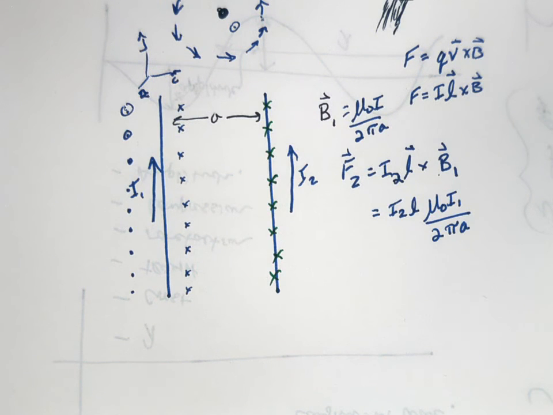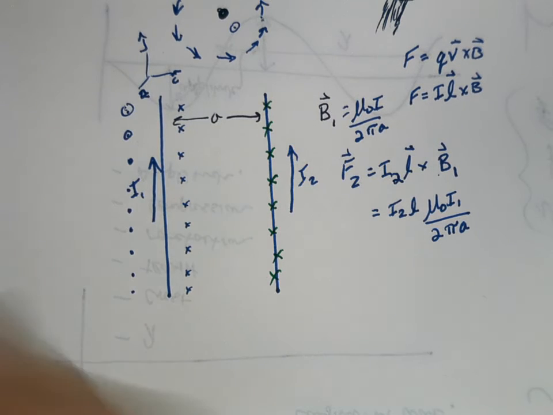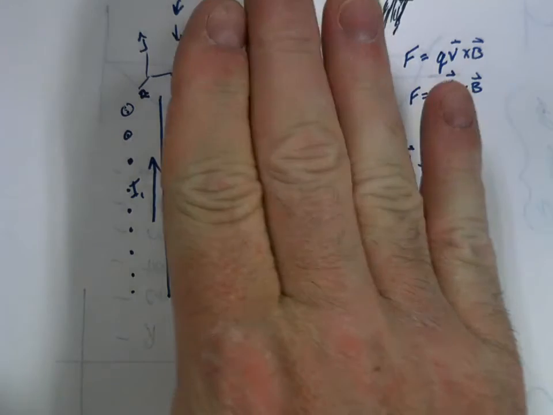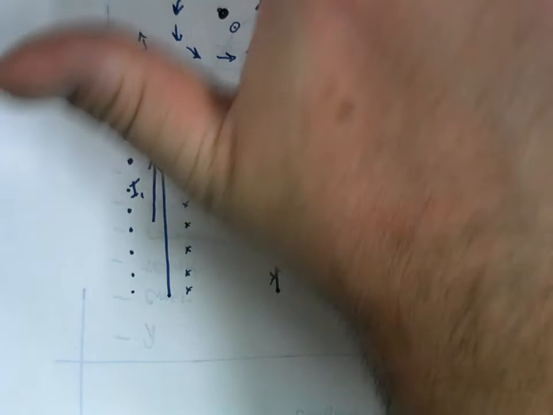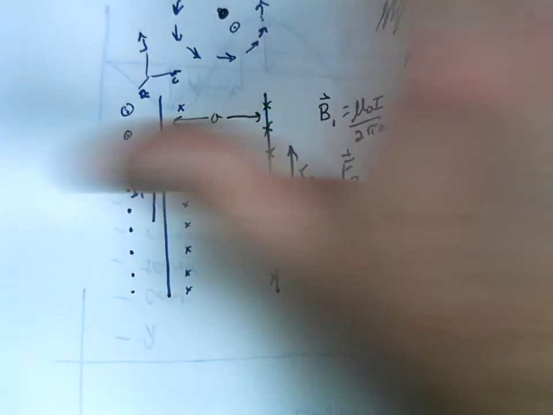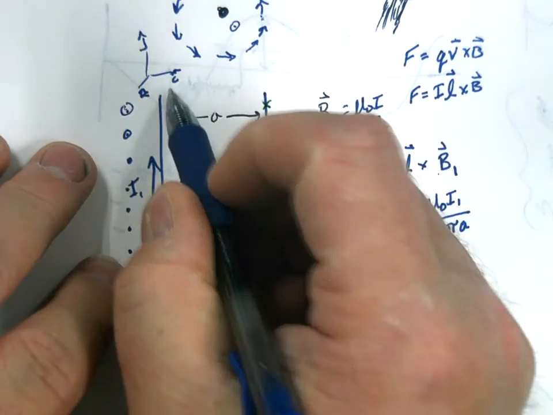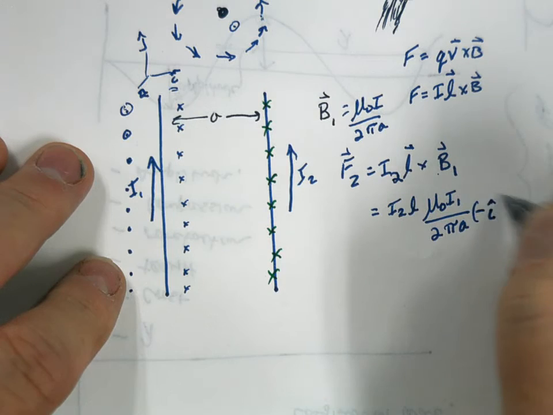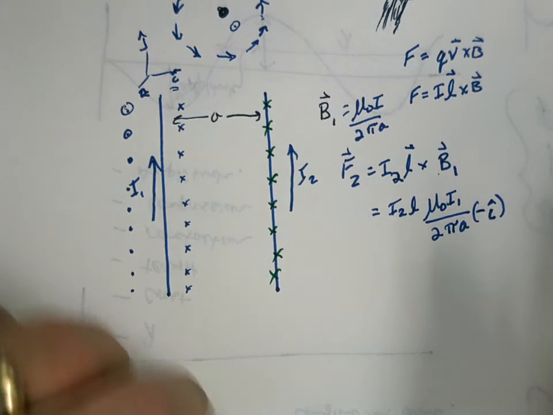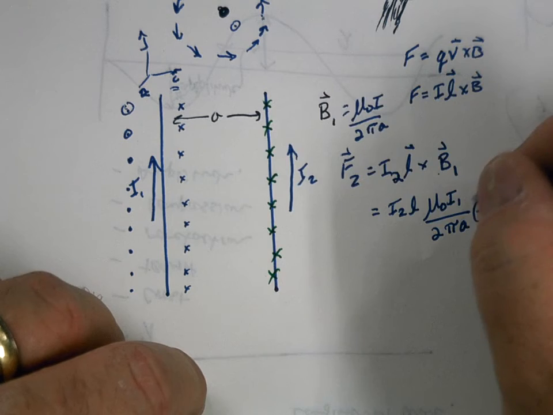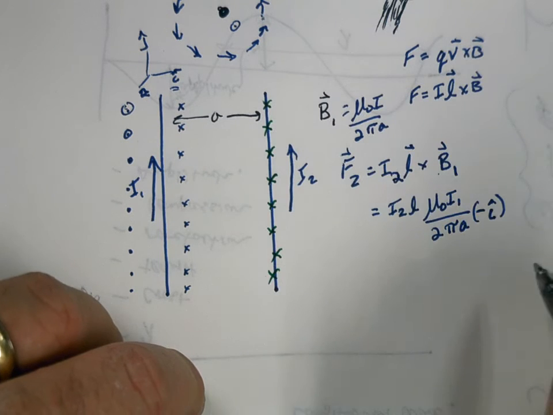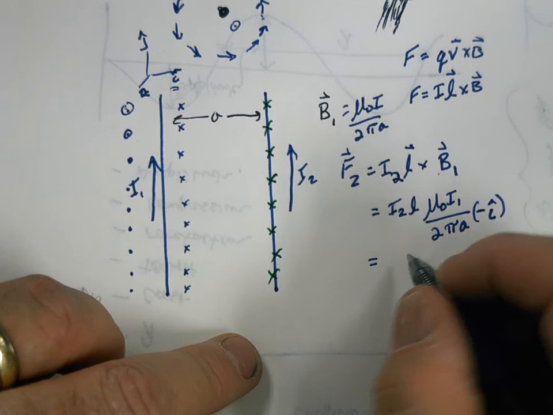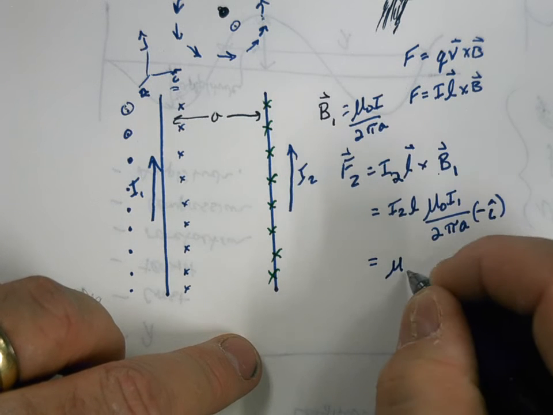Current is in that direction, curl it into the page, where's the thumb going? That direction, which is in the negative I hat. There's an L, that's still there. Okay. Can we use the curl thing? The right hand, except the palm.